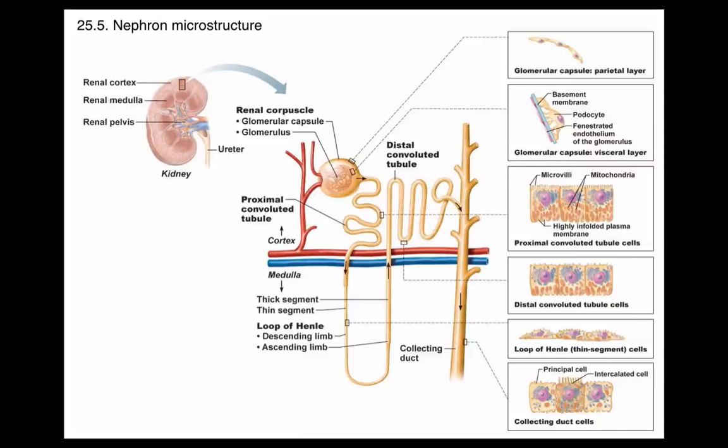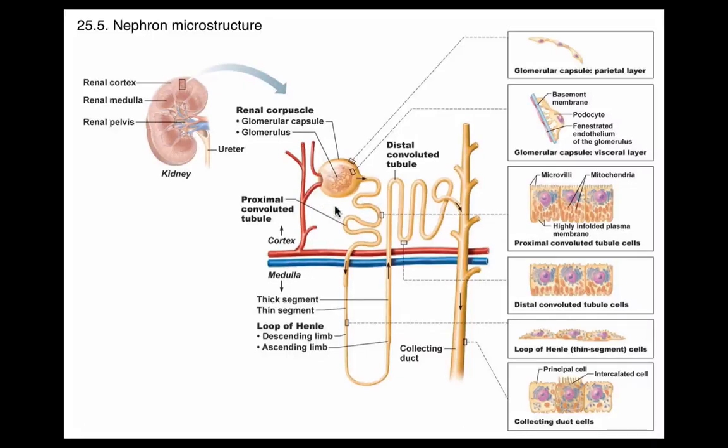And again, filtration is the process where hydrostatic pressure squeezes fluid out from the plasma onto the other side of the capillary. That plasma that gets squeezed out into the space on the outside of the glomerulus, we're going to call filtrate. It's not urine yet, but it's like this rough draft of the urine that's going to get modified later on.